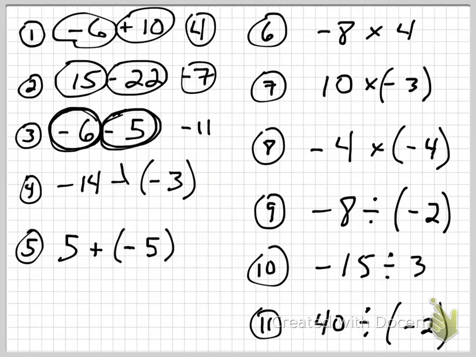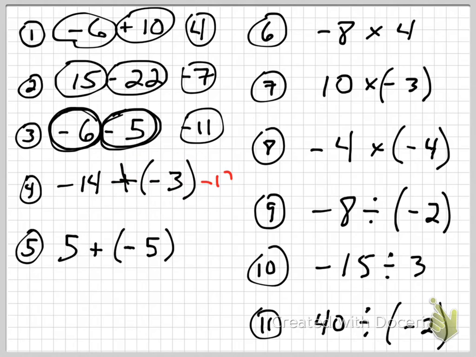Number 4. Even if this was 2 negatives, that means this would be plus. What is -14 plus 3? Does that make sense? That's why you got confused.